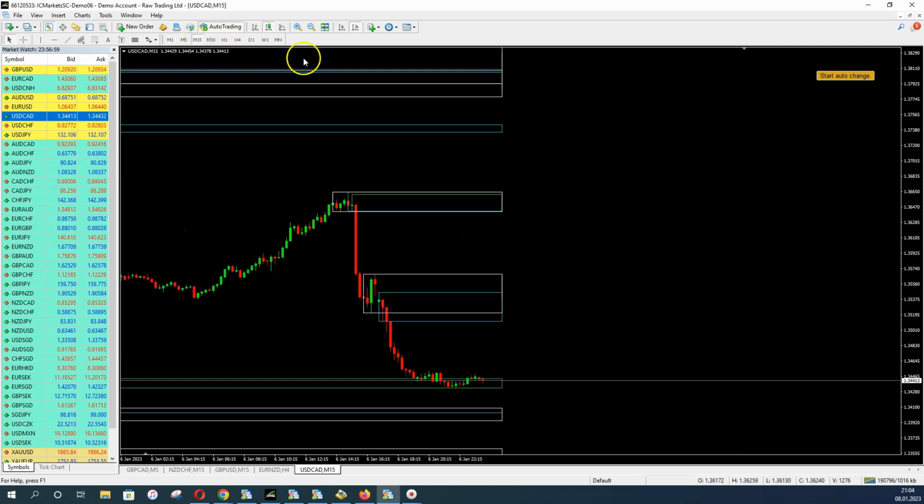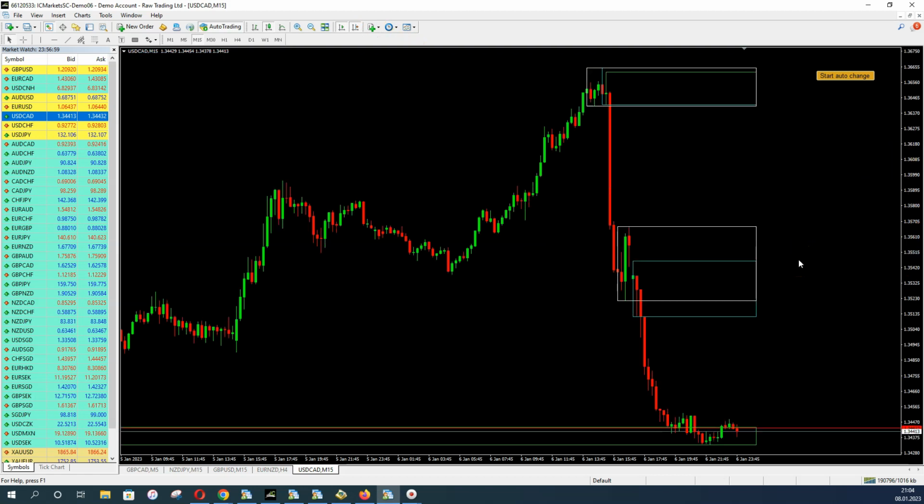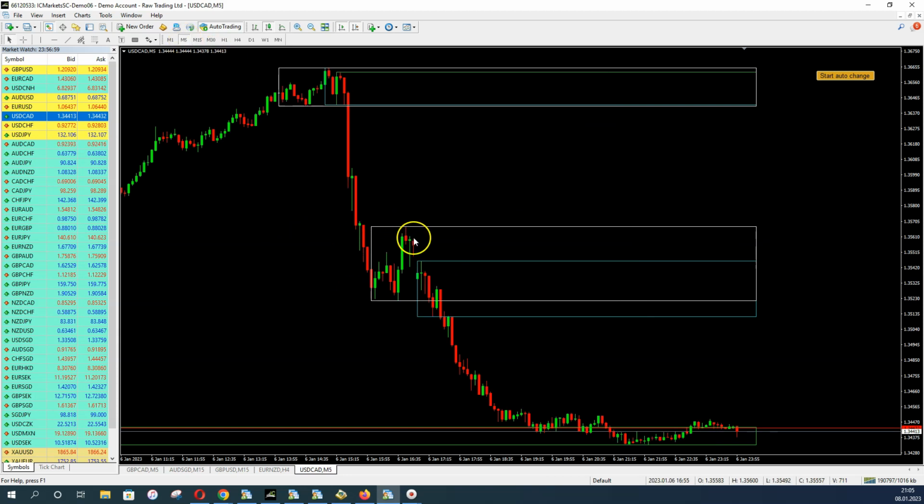So it's a little bit different to our signal mode, where we had only always the box for the time frame we have opened. And it's of course the same for the H1 supply zone, this white box. If I go to the M5, of course this looks different.